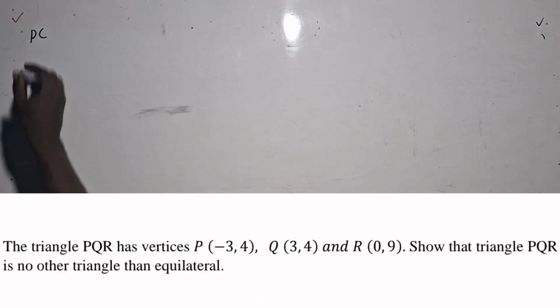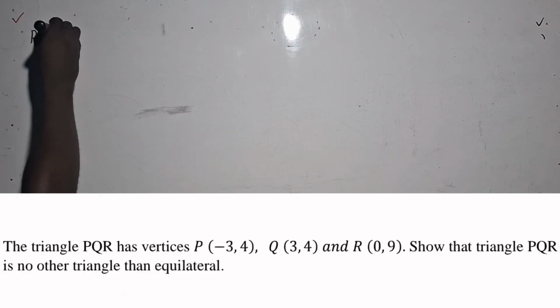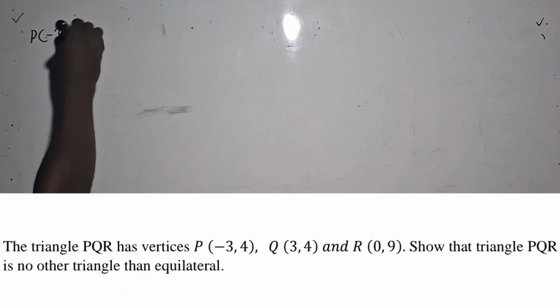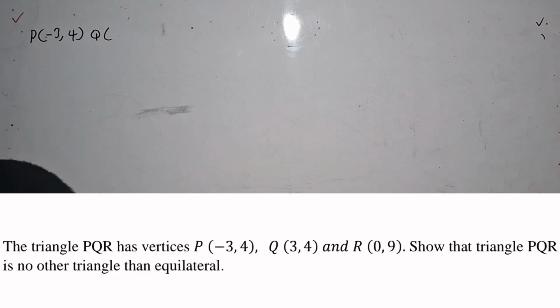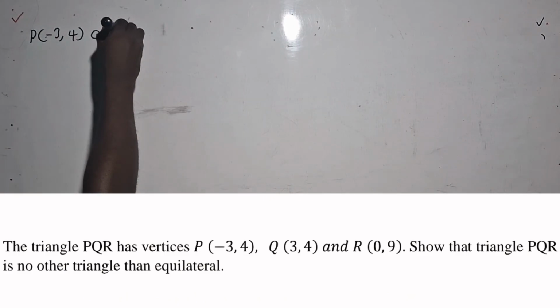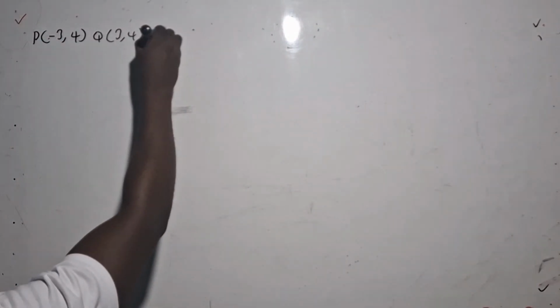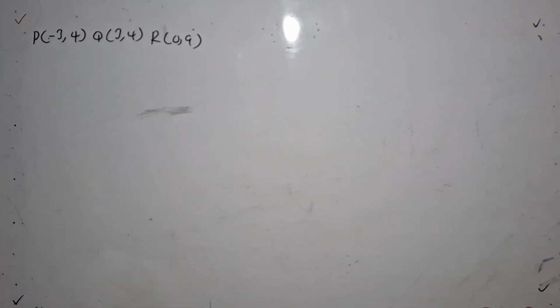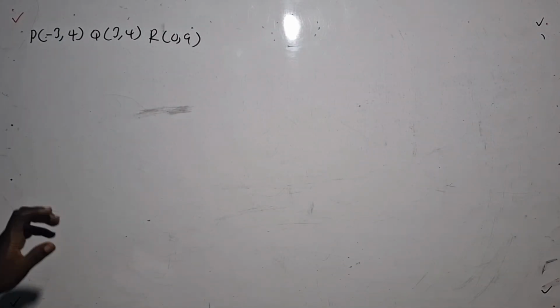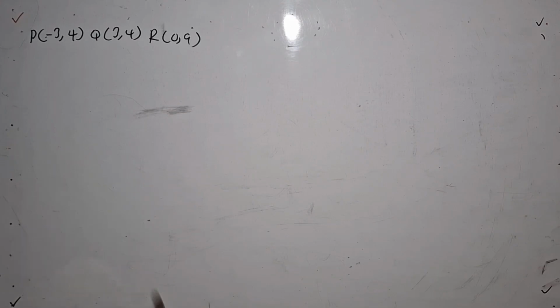Now I'll explain this question. So P is negative 3, 4, Q is 3, 4, and R is 0, 9. And they say we should show that it is not any other triangle than equilateral.